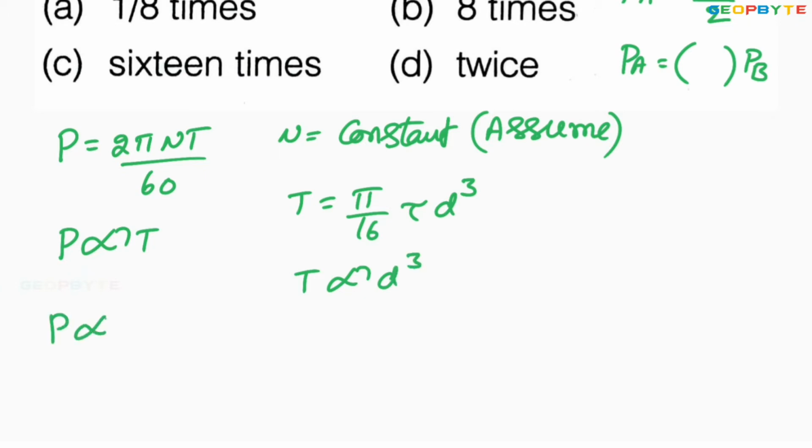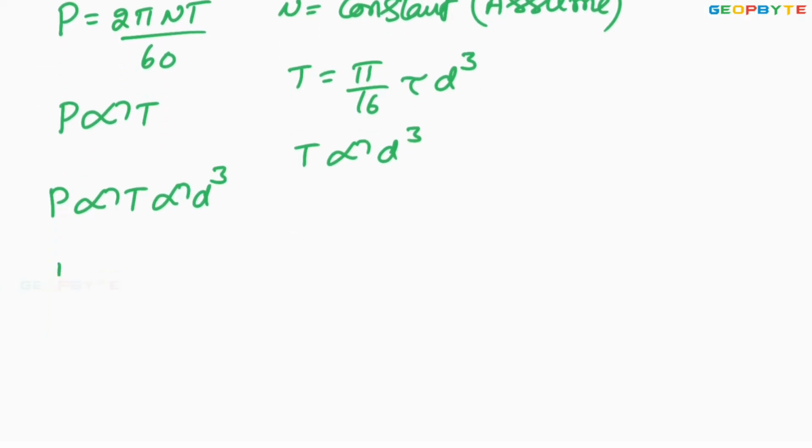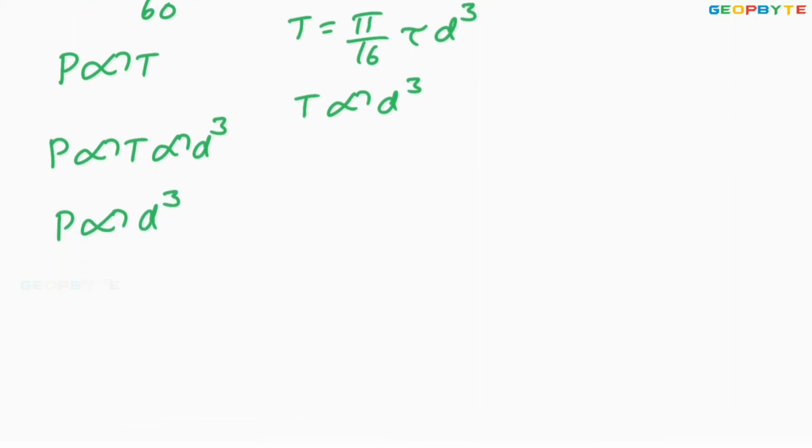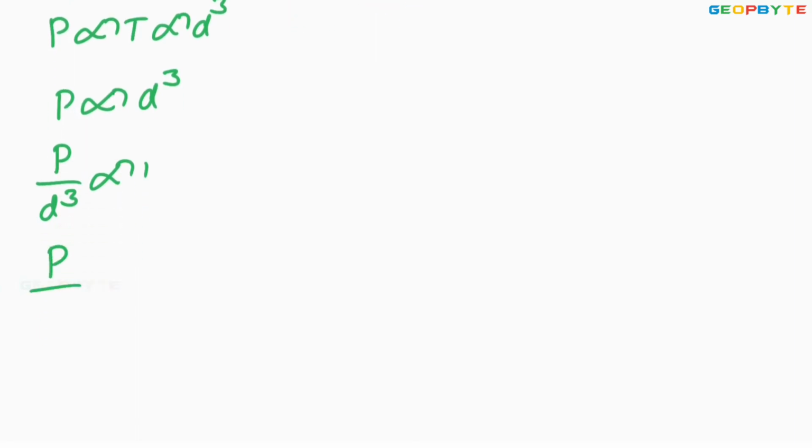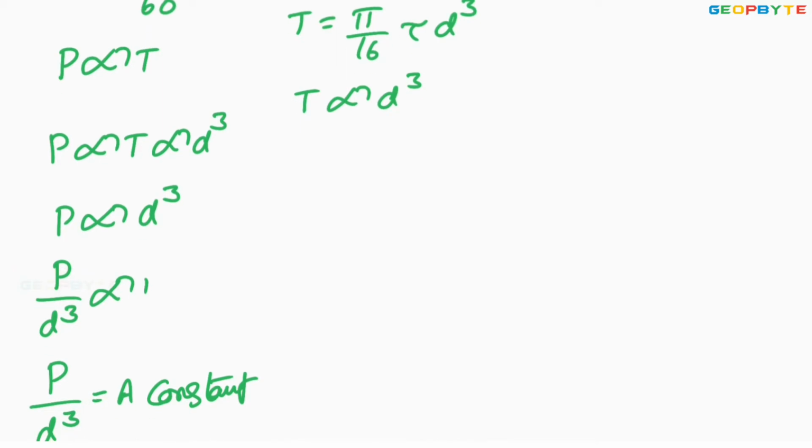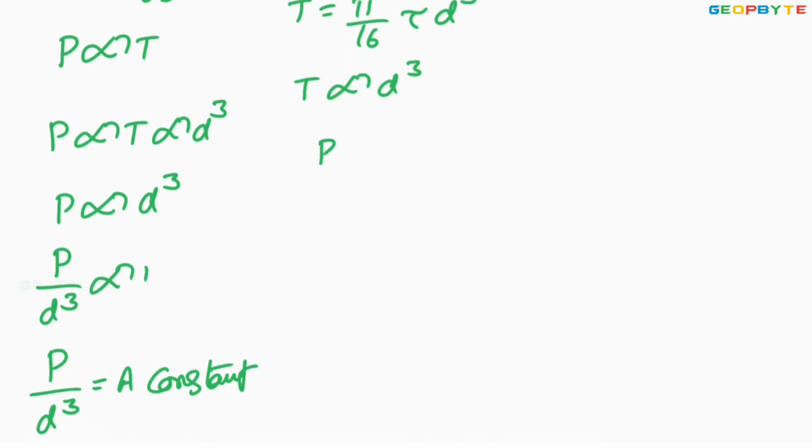Since power is proportional to torque, which is proportional to d cube, you can say that power is proportional to d cube. So power by d cube is a constant. Since power by d cube is constant, I can say that PA by dA cube is equal to PB by dB cube.